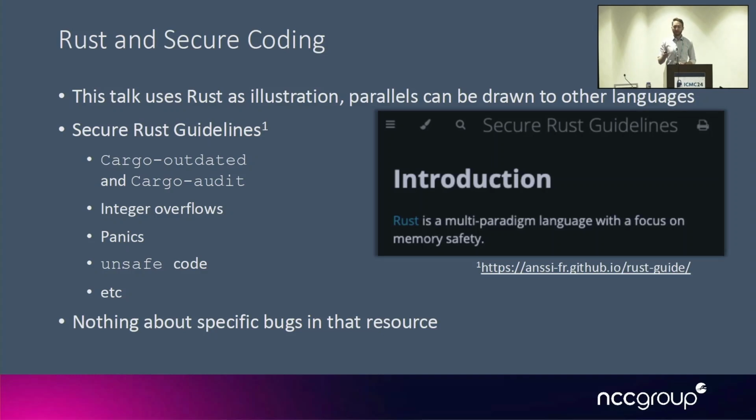So lots of interesting guidelines in here. Unfortunately, there's nothing about specific bugs in the resource, and maybe for good reason, maybe we shouldn't list specific bugs in a generic resource like that. But I'm hoping that this talk will present some interesting specific bugs in Rust and other languages.